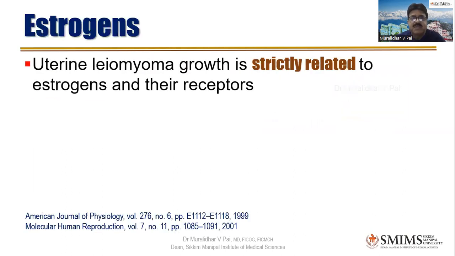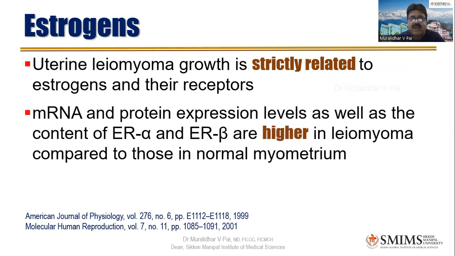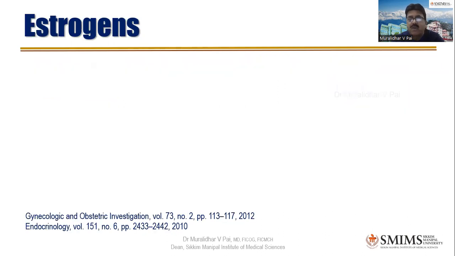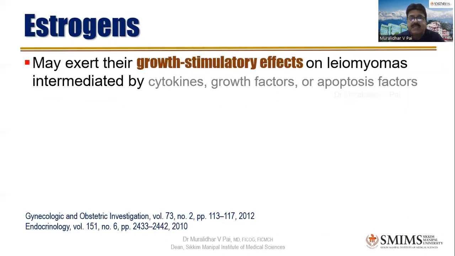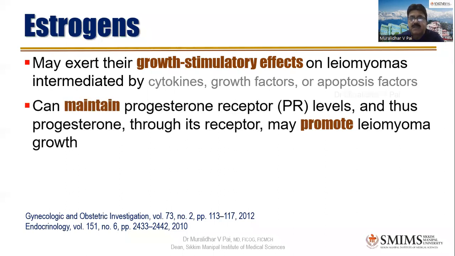Estrogens: uterine leiomyoma growth is strictly related to estrogens and their receptors. mRNA and protein expression levels, as well as the content of ER, that is estrogen receptor alpha and estrogen receptor beta, are higher in leiomyoma compared to those in normal myometrium. They may exert their growth stimulatory effect on leiomyomas indirectly by cytokines, growth factors, and apoptosis factors. Estrogen can maintain progesterone receptors.